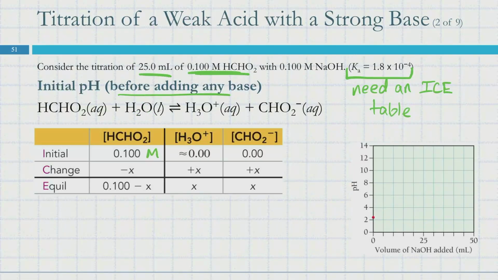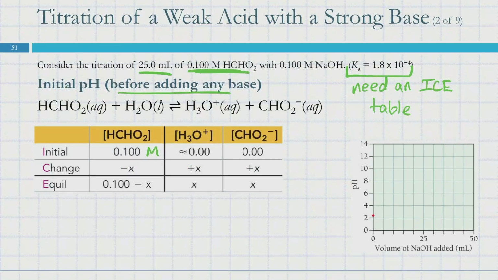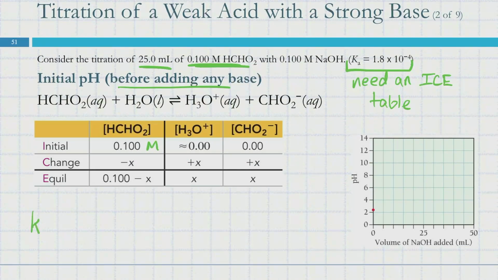We got some Le Chatelier's principle stuff going on. So we get negative x, plus x, plus x. And so we end up with this for our Ka expression after we substitute in.